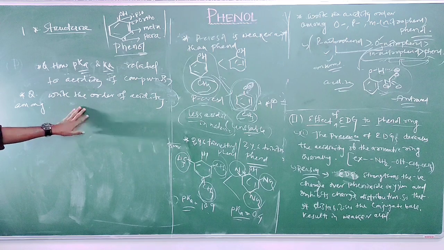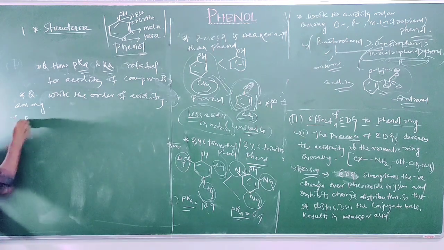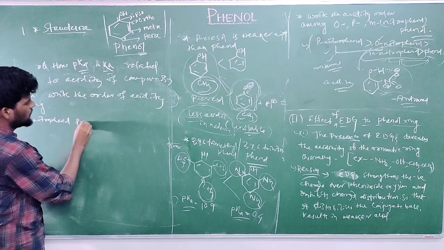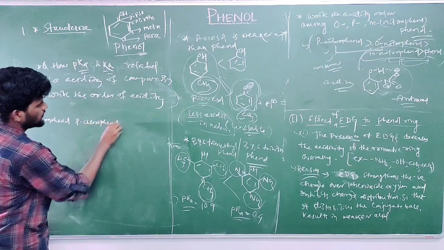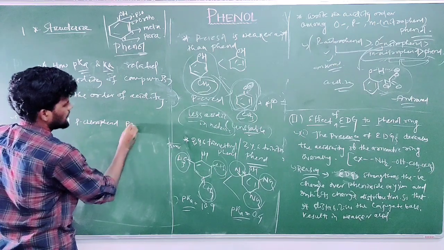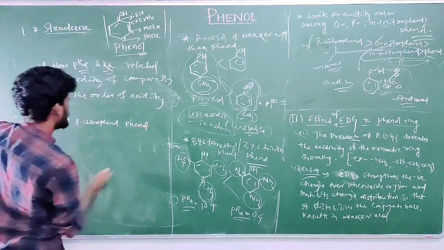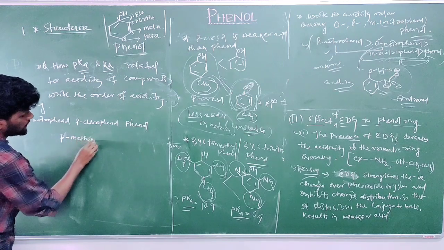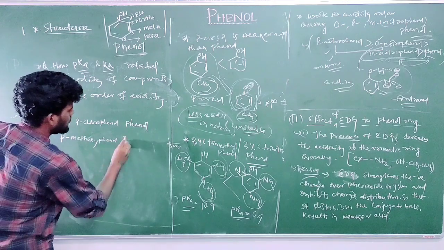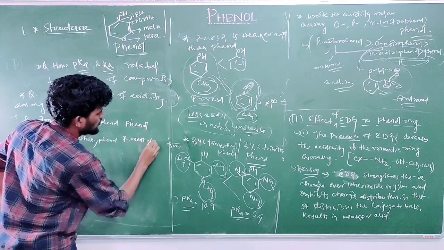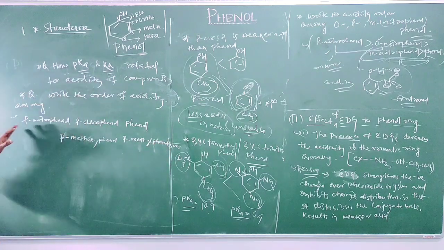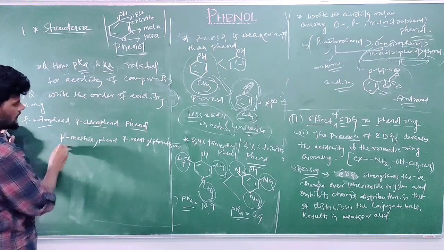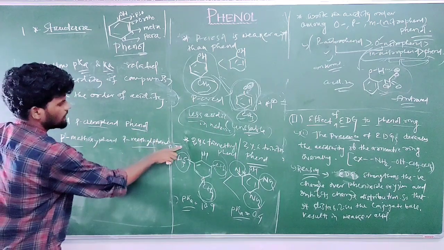First is para-nitrophenol. Second is para-chlorophenol. Third is normal phenol. Fourth is para-methoxyphenol, and fifth is para-methylphenol. Okay, so these are the five compounds. You have to write the acidity order.